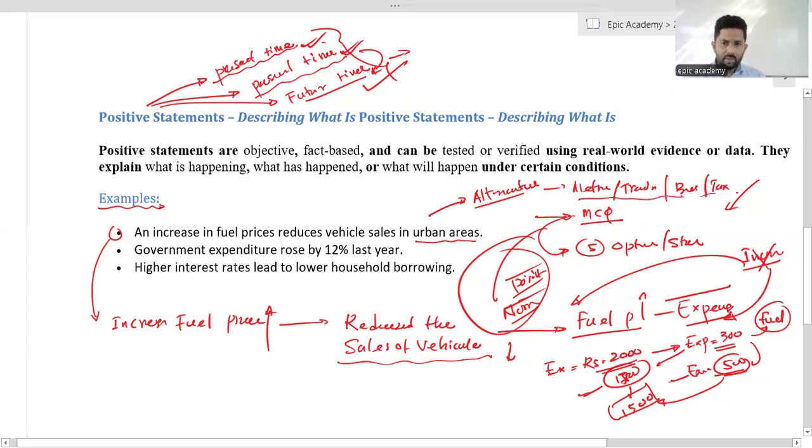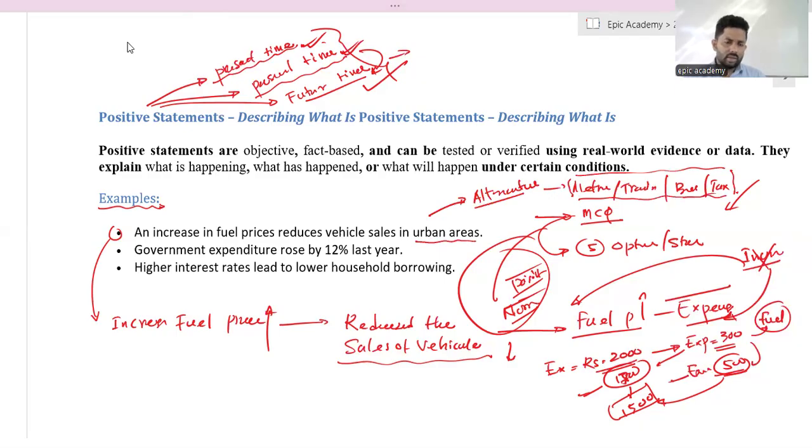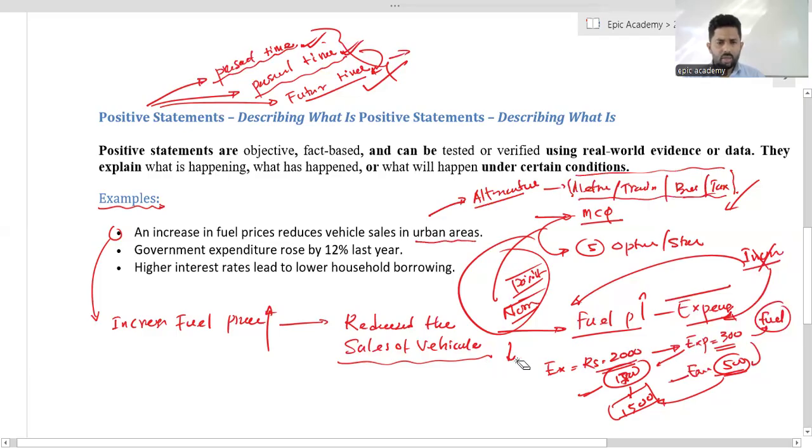Many things will be there. So they have alternatives for transportation purposes. So according to the increase of fuel prices, they are not going to purchase vehicles more and more. So it is a practical situation.